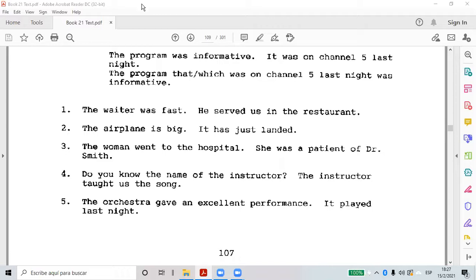Thank you. Let's move to Christian Alvarez. Number 7. A person left this umbrella. He was sitting here before me. A person that left his umbrella was sitting here before me.